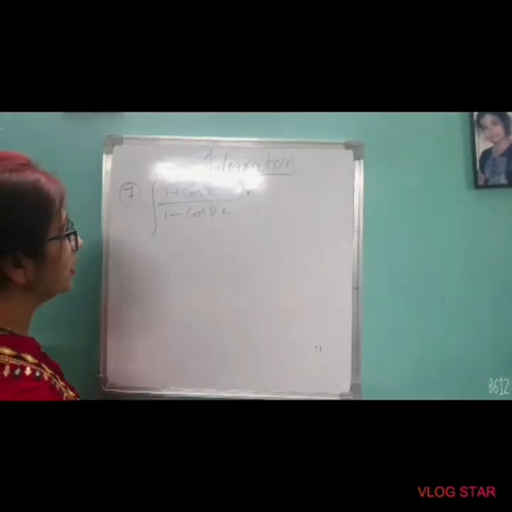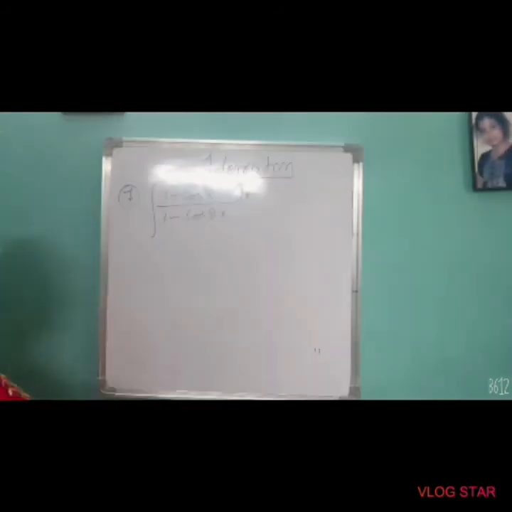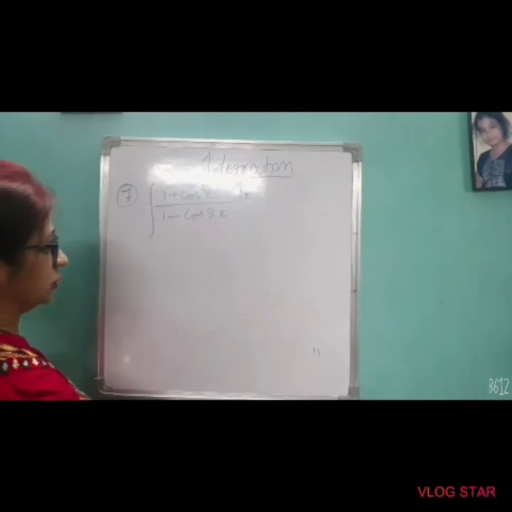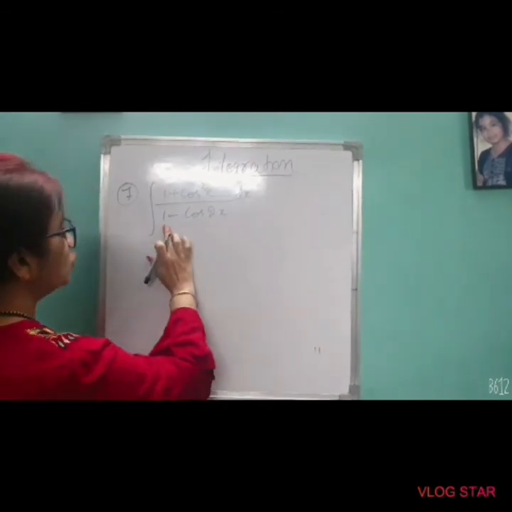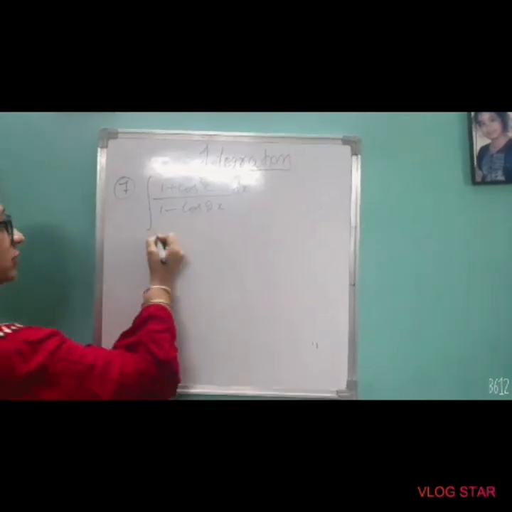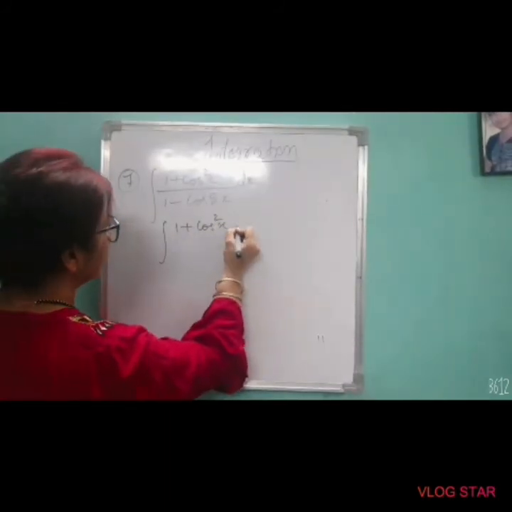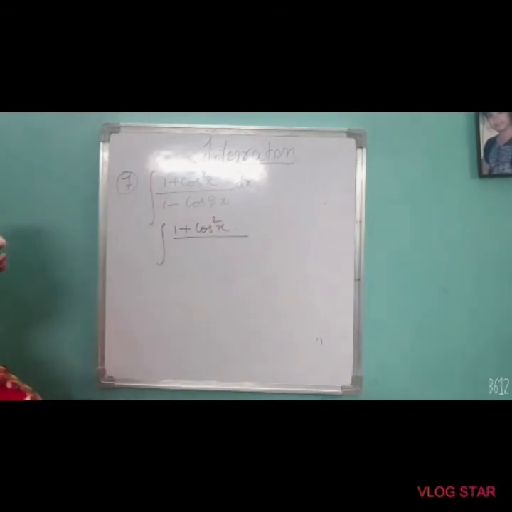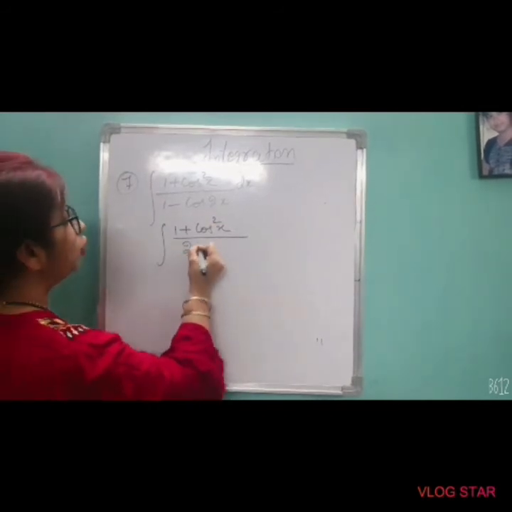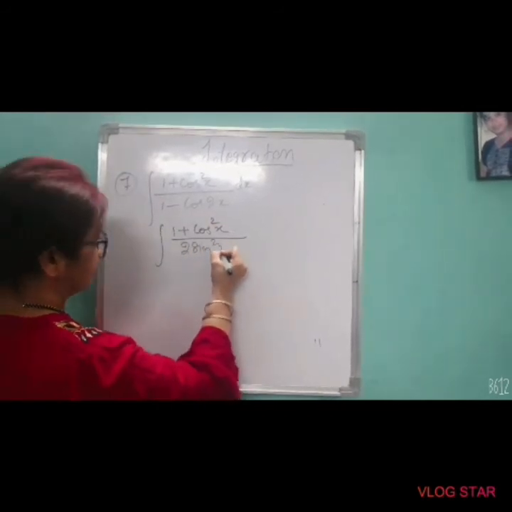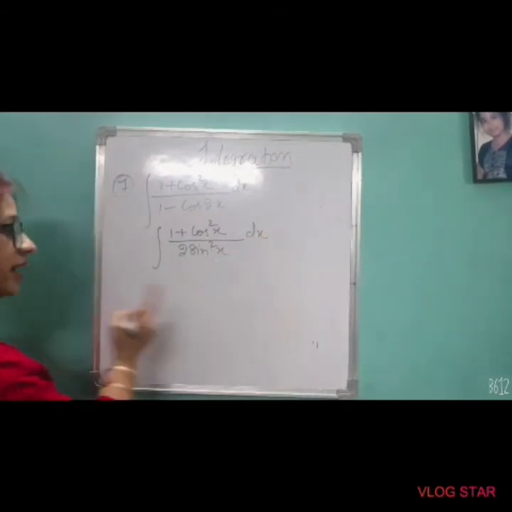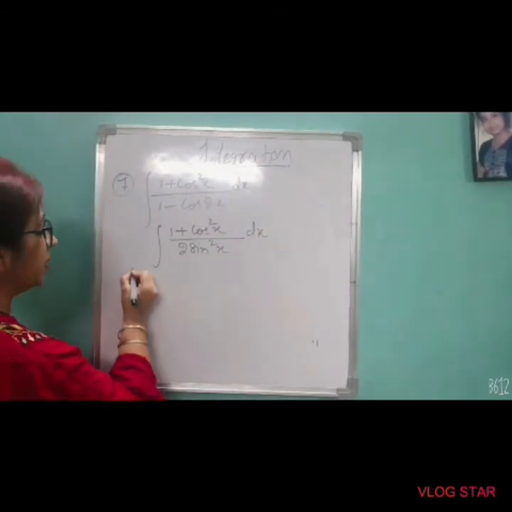Now the seventh question is integration of (1 plus cos square x) by (1 minus cos 2x). Here I am using the formula of 1 minus cos 2x. I won't touch 1 plus cos square x. Here 1 minus cos 2x becomes 2 sin square x. Now again the same thing, I am separating the numerator.